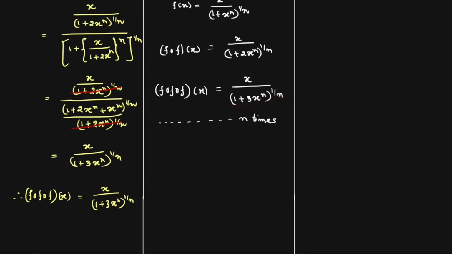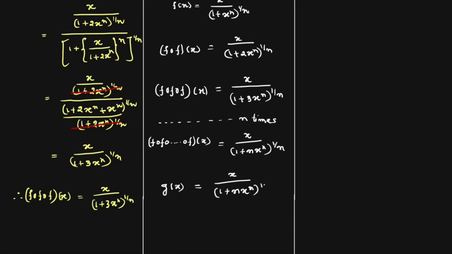Similarly, it goes up to n times, then we will get x upon (1 plus n x to power n) to power 1 by n. As per the given question, this is equal to g of x. So we are able to write g of x equal to x upon (1 plus n x to power n) whole to power 1 by n.